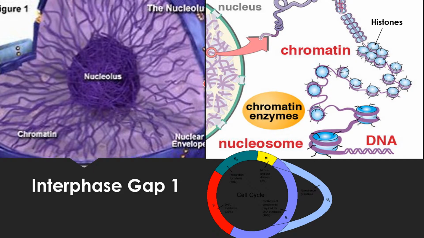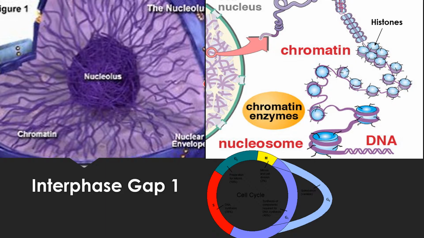This phase takes up about 40% of the time in the cycle, and this means we need to think about what the nucleus and the DNA look like before it goes through mitosis. In the picture on the left, it shows a nucleus, and you see all those stringy looking things, and those are all the chromatin.